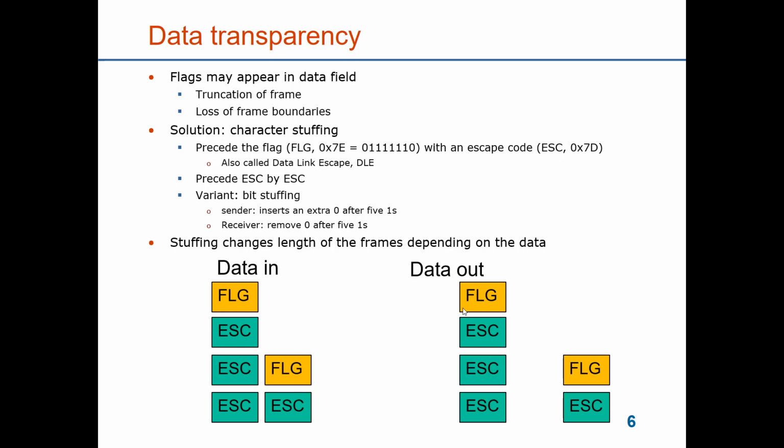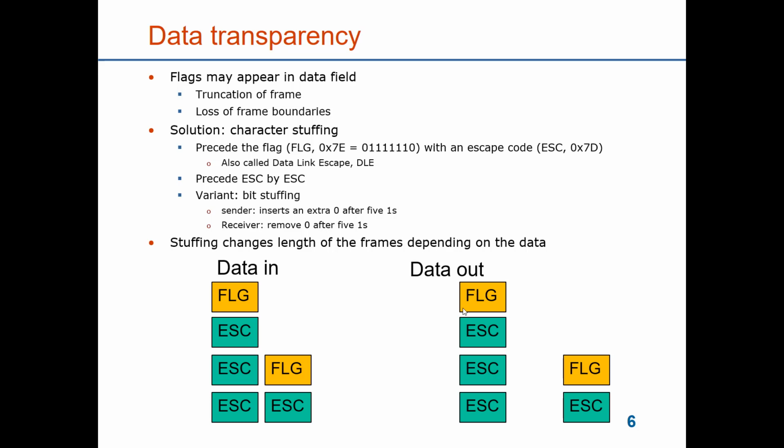There is another variant of this stuffing called bit stuffing. It works in the same way, but instead of inserting the escape characters, it inserts zeros after 5 consecutive ones. The flag is namely a character which consists of the bit pattern 0 followed by 6 ones and a 0, and therefore a flag will not be found in the data link frame.